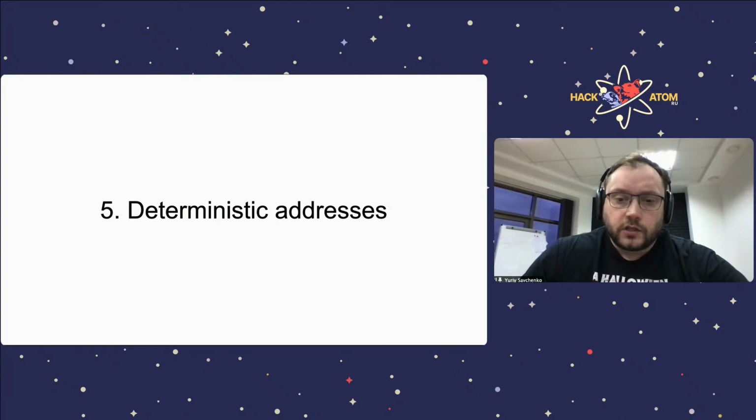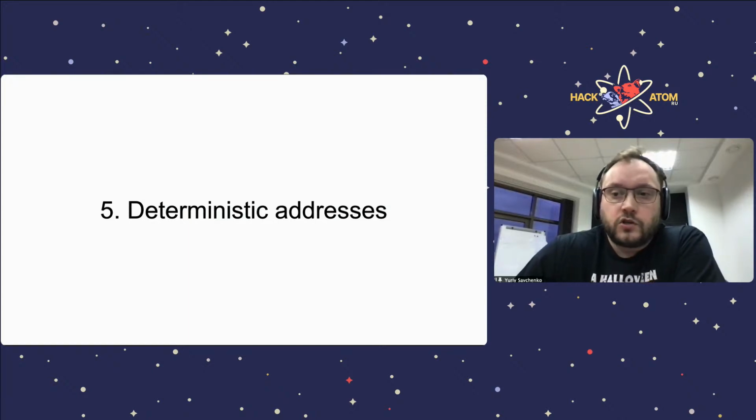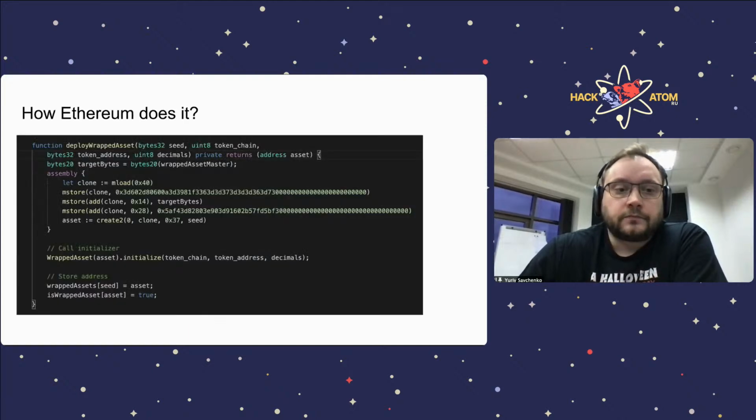Maybe Cosmos has these things, the deterministic addresses. Maybe not. A deterministic address gives a specific address of the contract before we deploy it. It will be derived from some seed data, and so it will be known for a fact in the future.